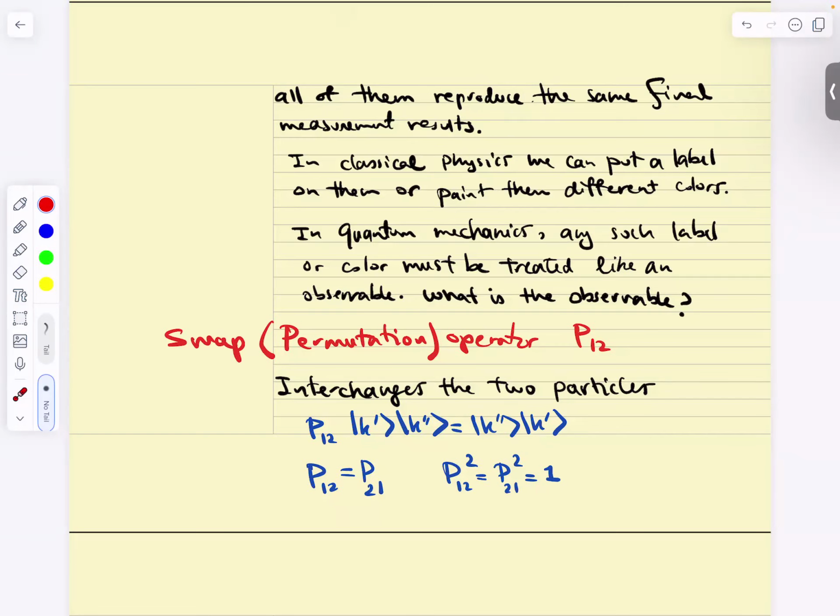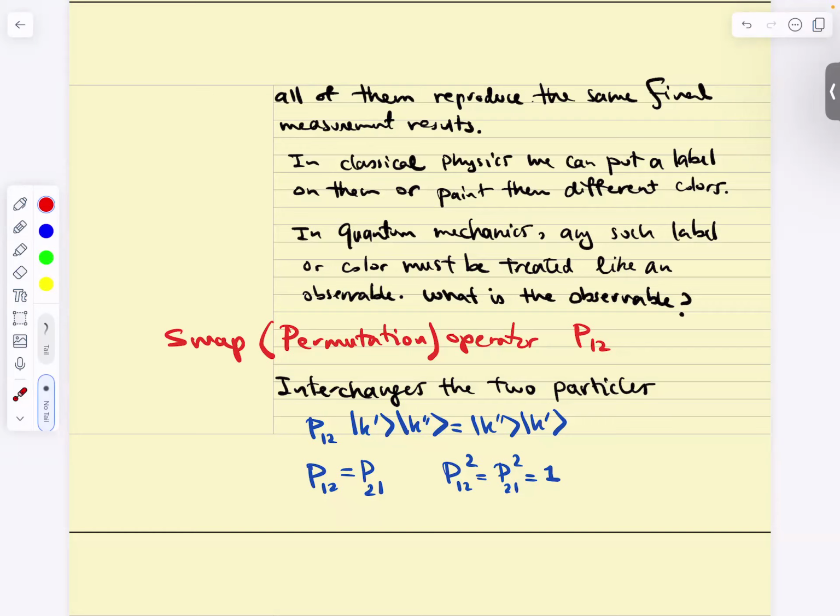So what is the measurement you do? It's an overlap measurement. You take two particles, right? There was some wave function here.